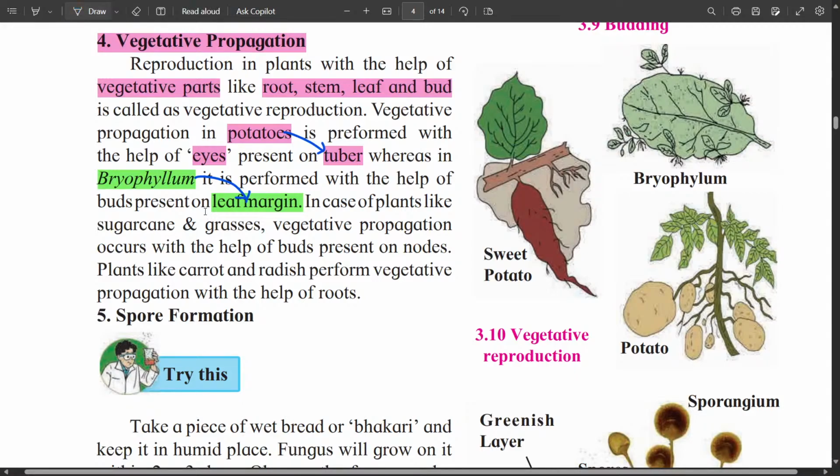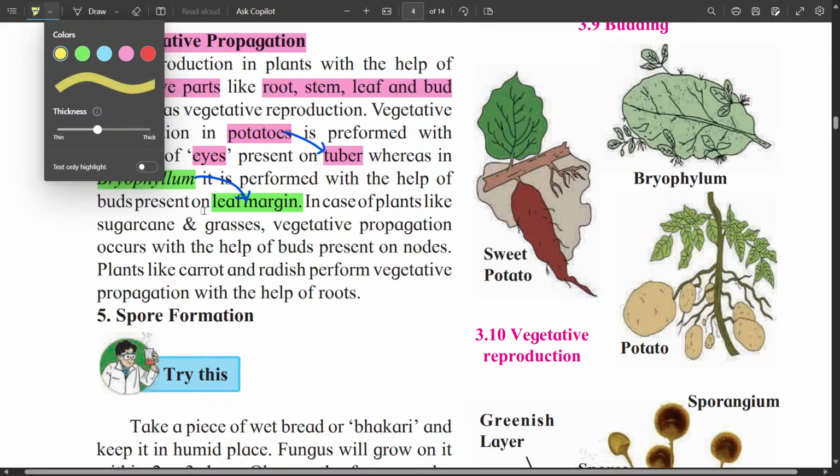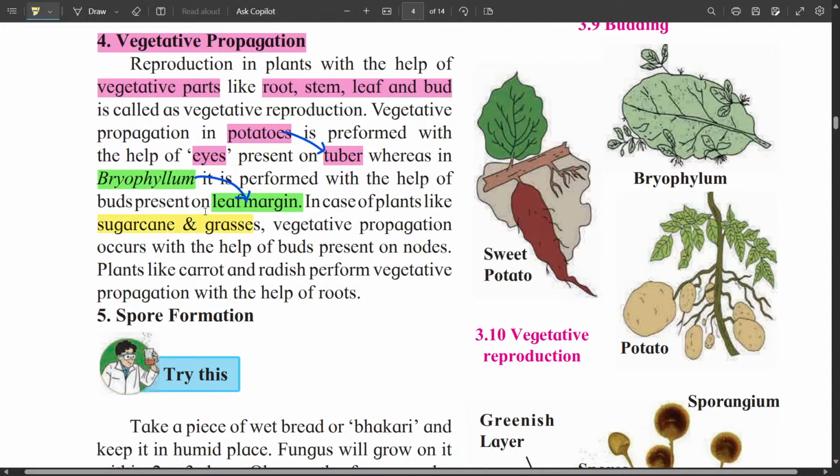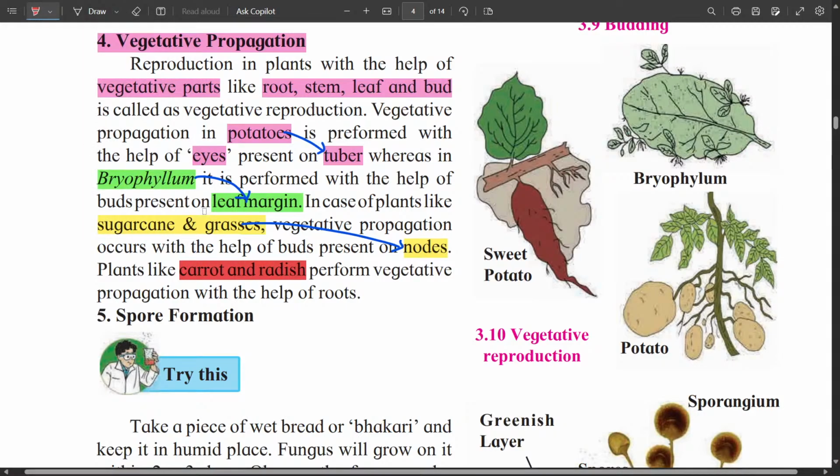In the case of plants like sugarcane and grasses, vegetative propagation occurs with the help of buds on nodes. And finally, for plants like carrot and radish, it is performed with the help of roots.